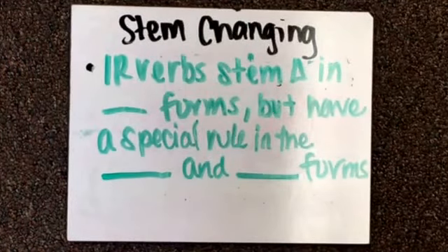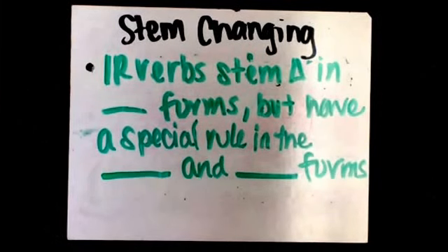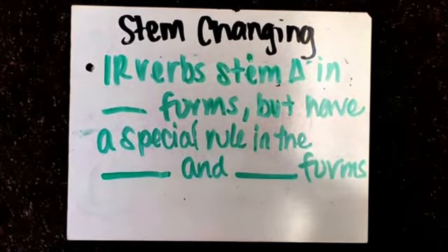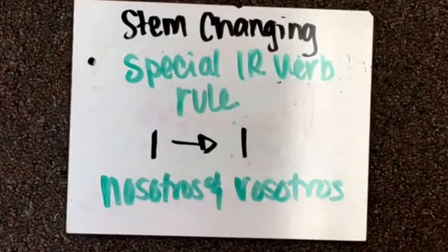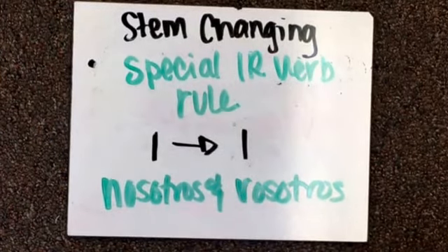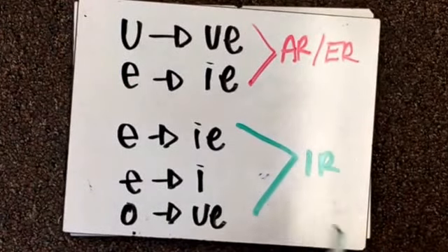There's a special rule for stem changing IR verbs. Stem changing IR verbs stem change in all forms, but there is a special rule in the nosotros and vosotros forms: they stem change one-to-one. If you recall, we have a couple different types of IR stem changing verbs.